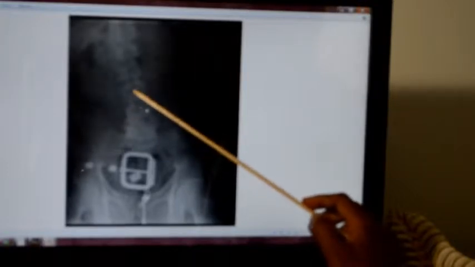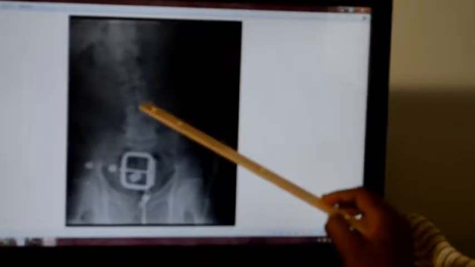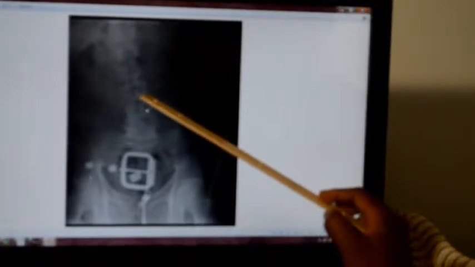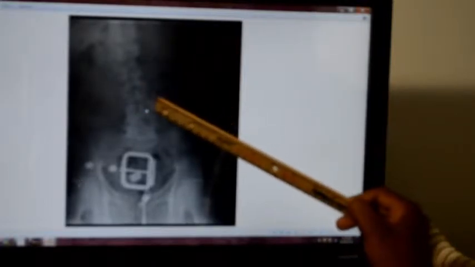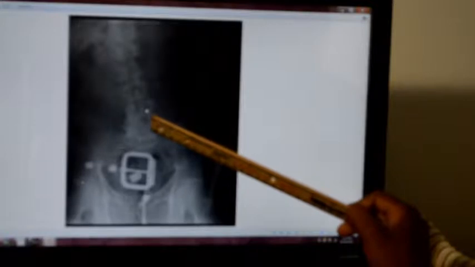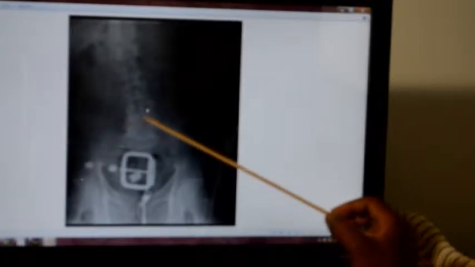When you look at L3 and L4, even though the vertebra is crooked, you can see there seems to be a space or gap between those two vertebrae. But when you come to L4 and L5, there's no gap between them. And what you can see is what we call bone spurs forming on the side there.